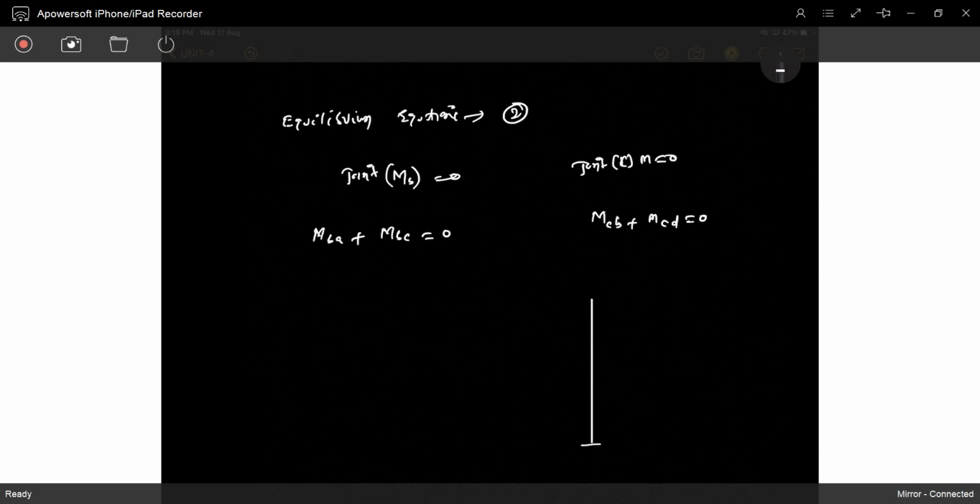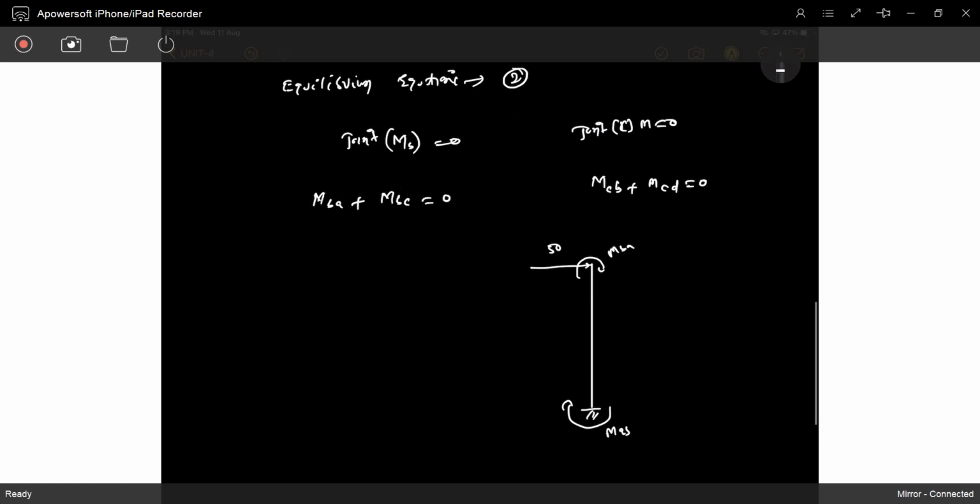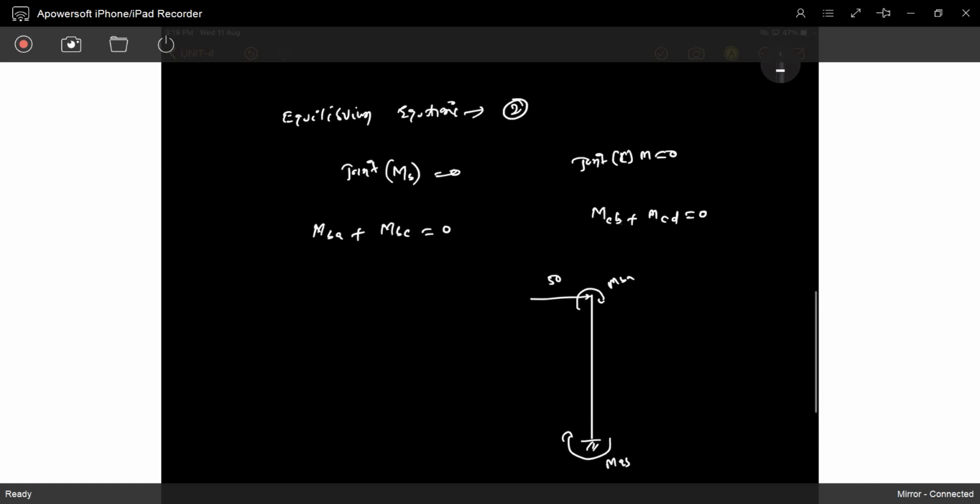This is a support, this is 50, and that is MBA. So MAB, that is the joint equilibrium. There is no other load, so you can easily say MBA plus MAB equals the shear. Can you say it?